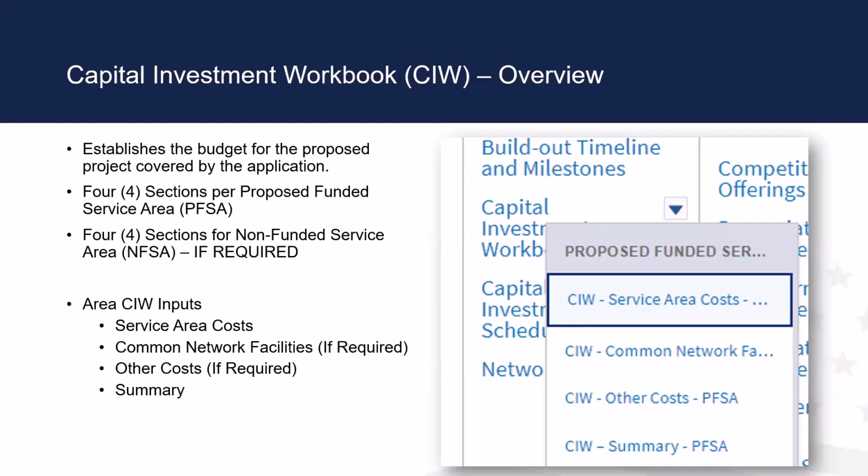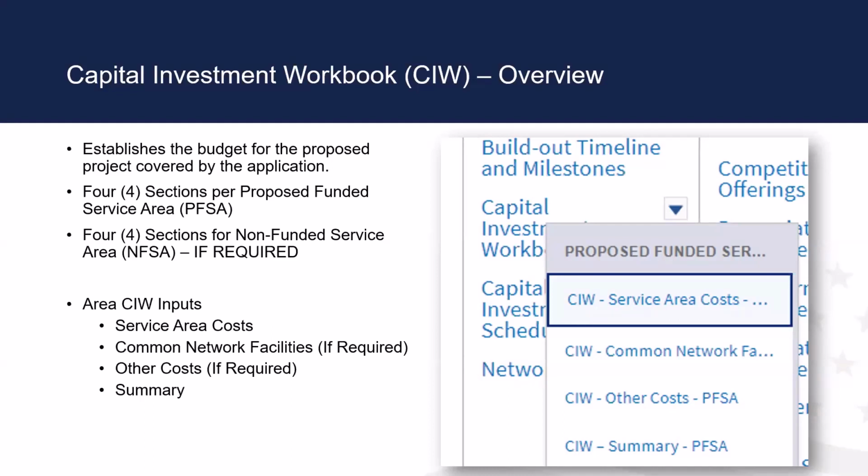So make sure that when you plan your application, you know exactly what elements are required, so that you're not stumbling around towards the middle of the application looking for where you put information that's required or needed for your project.